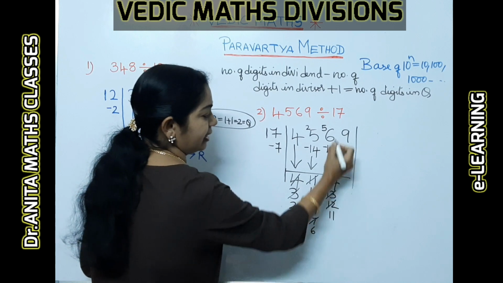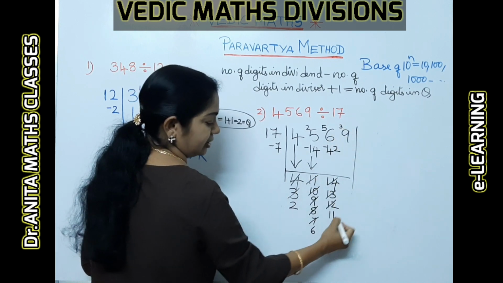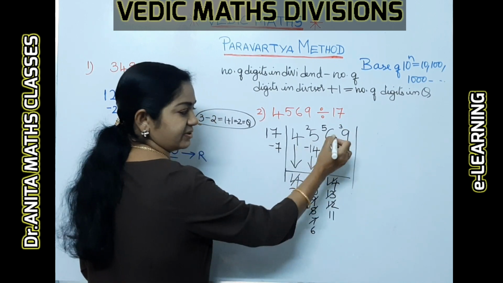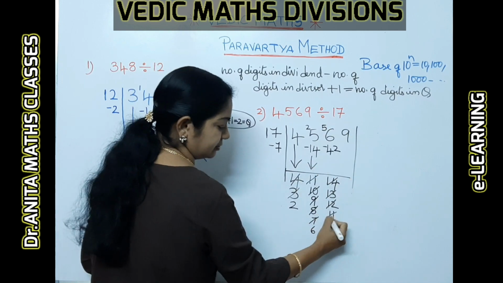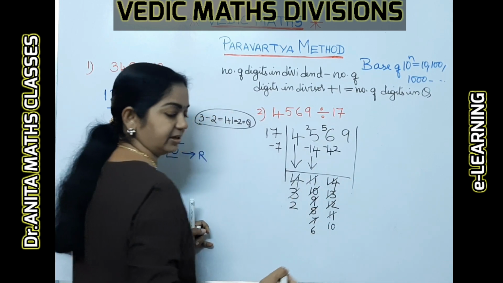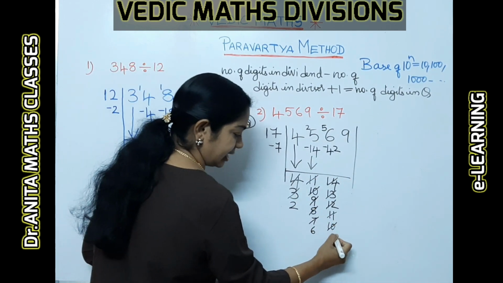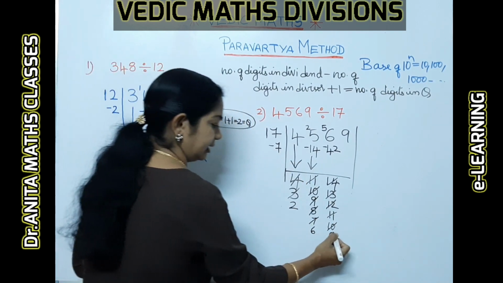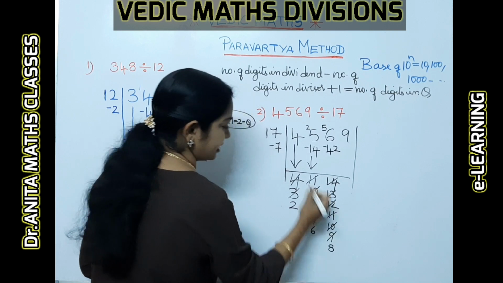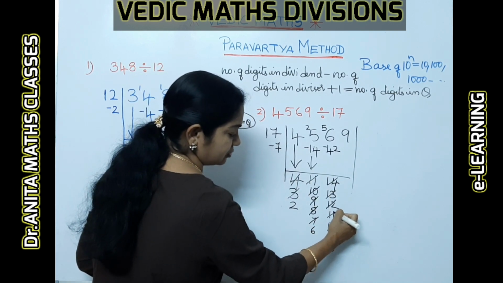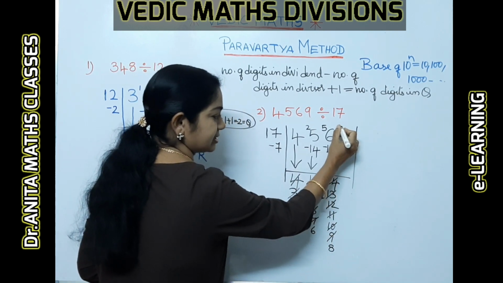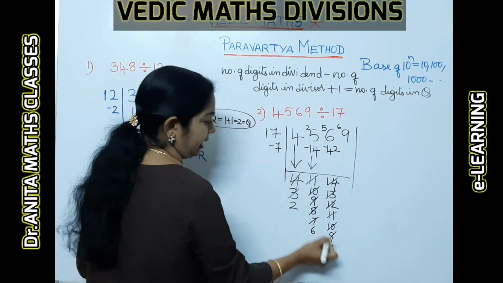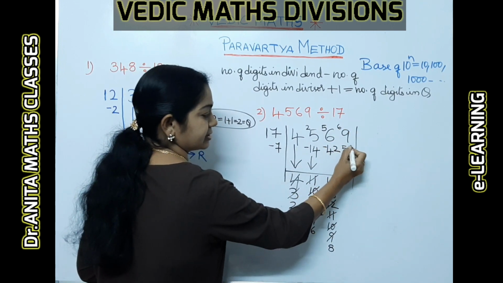See here, 3 times I have decreased. 11 sevens are 77, again not possible. So 10 sevens are 70. So that means 9 sevens, is it possible? No. 8 sevens are 56. How many times? 1, 2, 3, 4, 5, 6. 6 times I have decreased, and 8 sevens are 56.